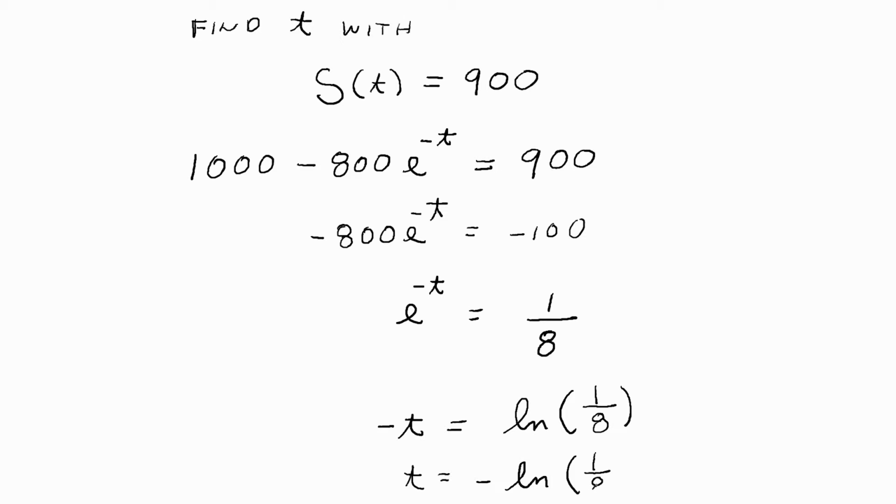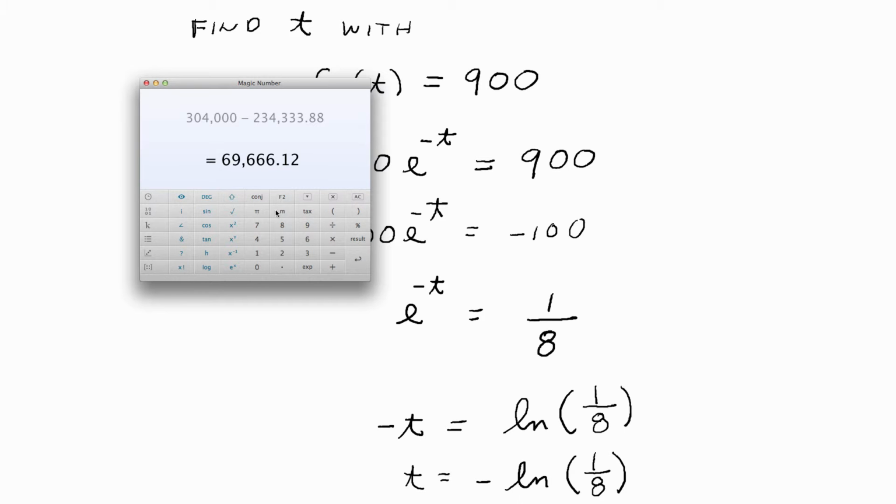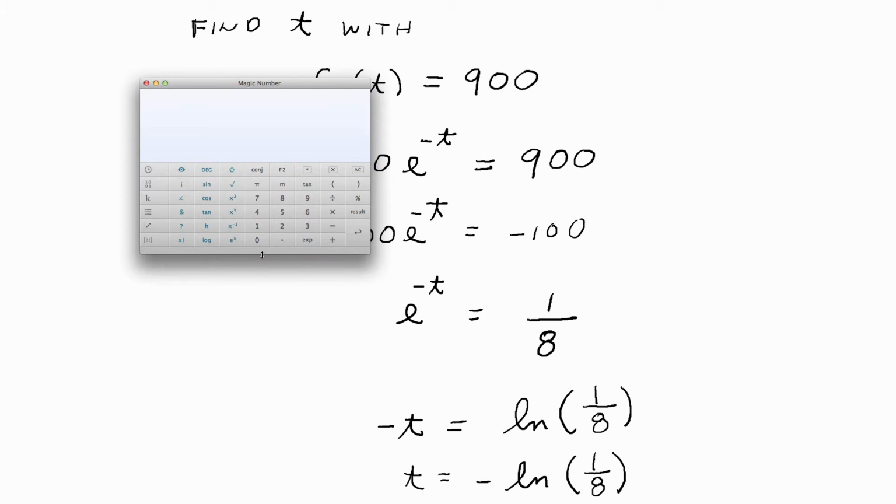Now I'm going to pull out my handy calculator here and see what that value is. Do I have the... I just have the log. I have to have the natural log in here somewhere. I don't want to actually use the logarithm here. So I'm going to get out a calculator.